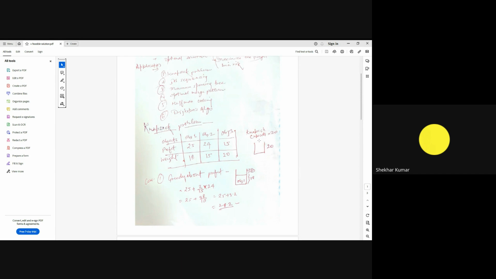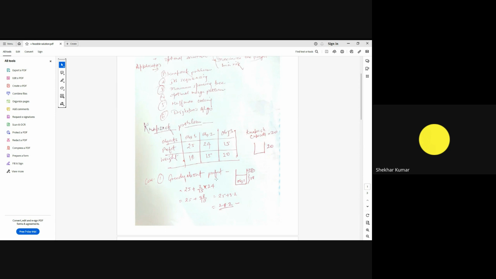The first case would be that we are greedy about the profit. In this problem, you can see that the profit of object 1 is 25, object 2 is 24, and object 3 is 15. In the first case, we are greedy about the profit. Which object has the highest profit?